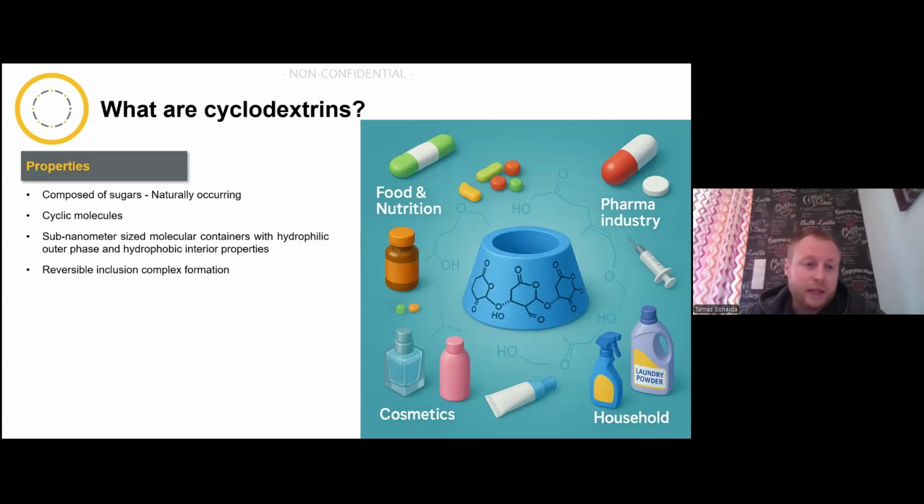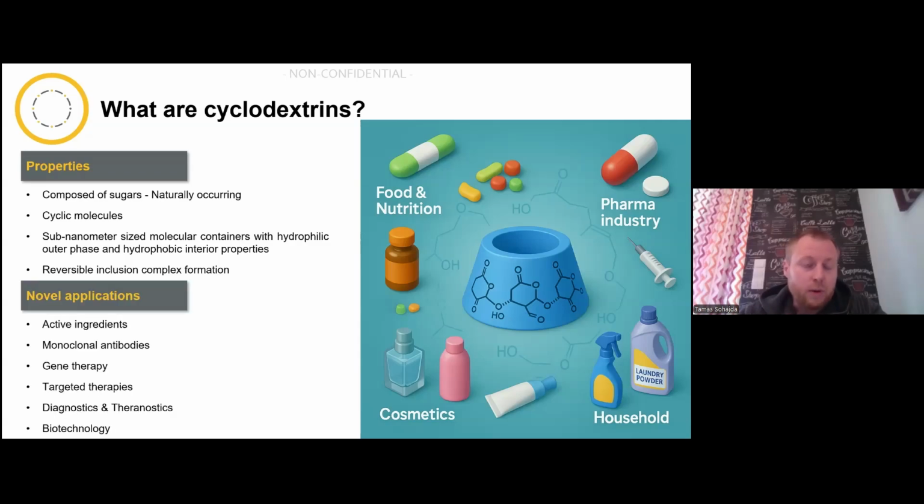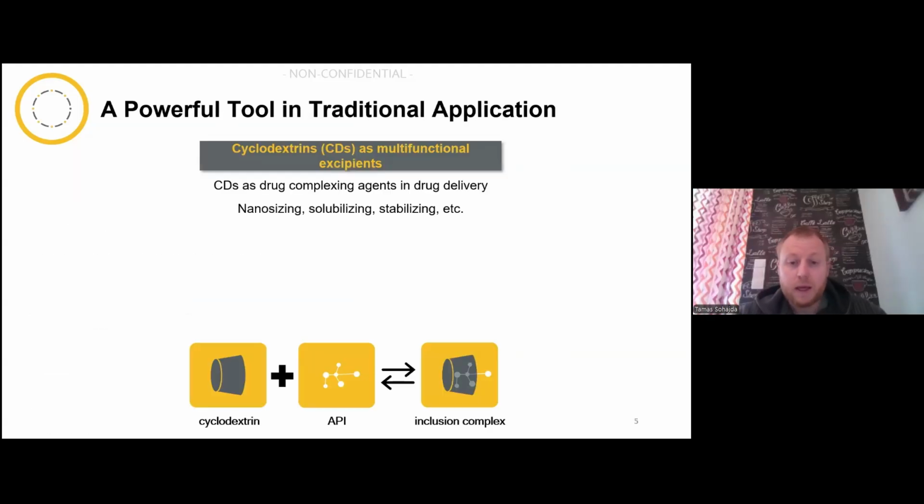I'll talk about this later. Nowadays, we see more and more novel applications emerging, especially in the pharma field, for uses as active ingredients in different types of biologics and biotechnological processes. But traditionally, the complex formation is the key, and this is what we'll talk about today.